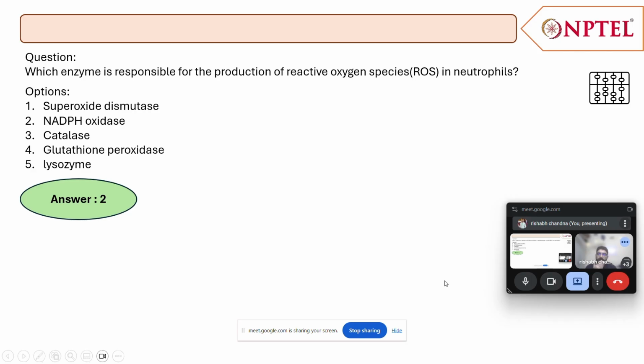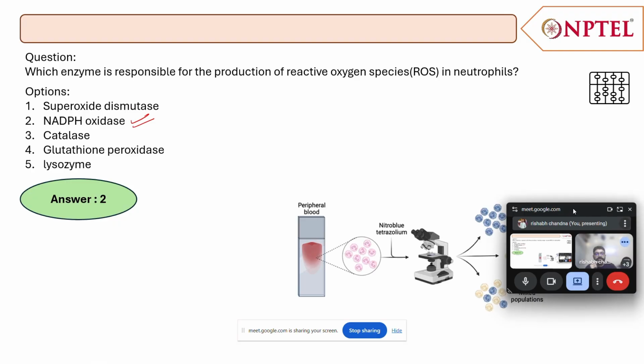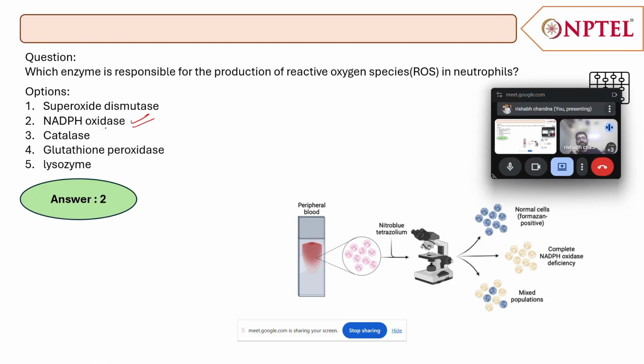So NADPH oxidase deficiency can be checked using a test that utilizes nitroblue tetrazolium. Okay, so this test is a gold standard test called the NBT test also. In this, we isolate the blood cells and then test them with a dye, nitroblue tetrazolium, and see that under a microscope on a slide.